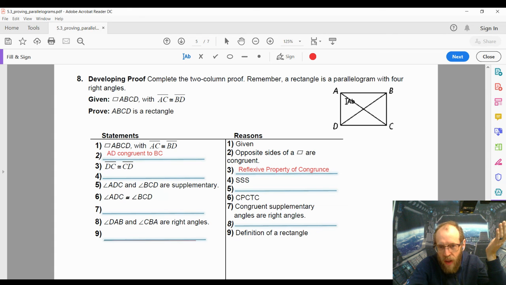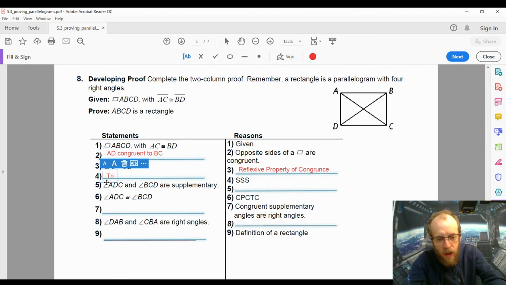So then I say that ACD and BCD are congruent. So triangle ACD is congruent to triangle BDC, which would be the correct order to put those in. How do I know that? Side, side, side theorem.